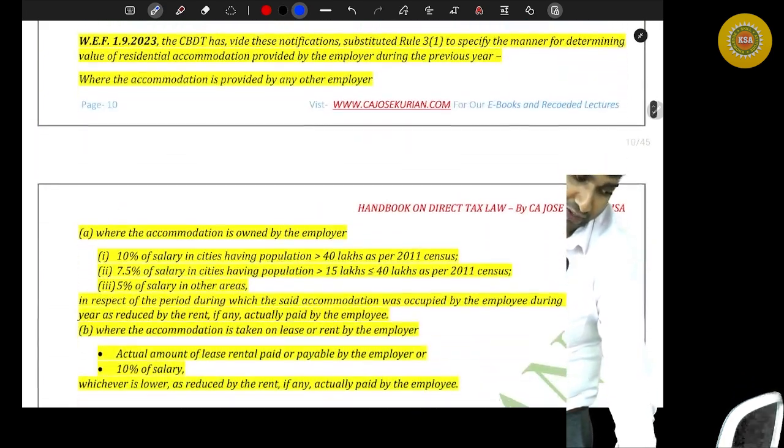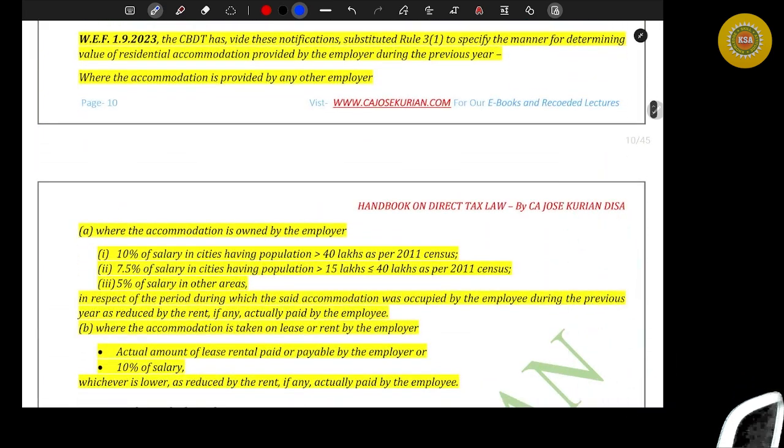The income tax department came up with an amendment with effect from 1st September 2023. The problem here is you have to study both the old as well as the new amended provision, because your previous year 23-24 starts with 1st April 2023 and ends with 31st March 2024. This amendment is with effect from 1st September 2023.